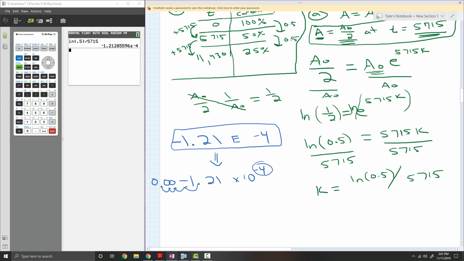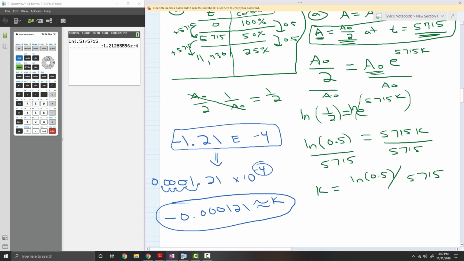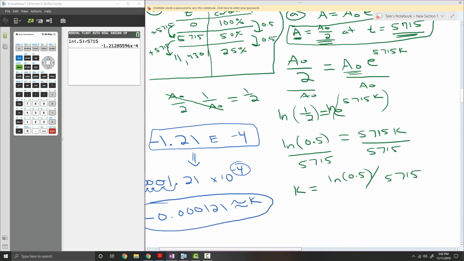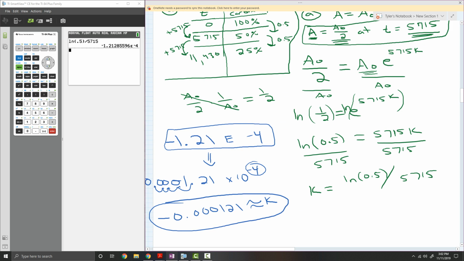We put zeros in these placeholders, so we end up getting negative 0 point, and then 3 zeros, then 1, 2, 1. So this is approximately equal to k. That's the value we would get for k.